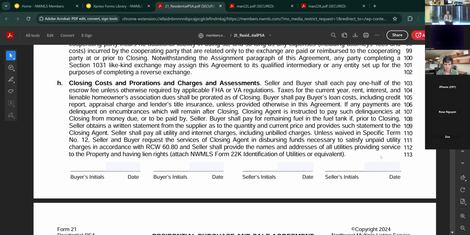Seller and buyer request the services of closing agent in disbursing funds necessary to satisfy unpaid utility charges in accordance with RCW 60.80, and seller shall provide the names and addresses of all utilities providing service to the property and having lien rights. Attach Northwest MLS Form 22K, identification of utilities, or equivalent.